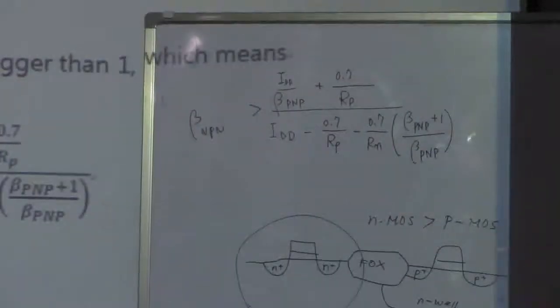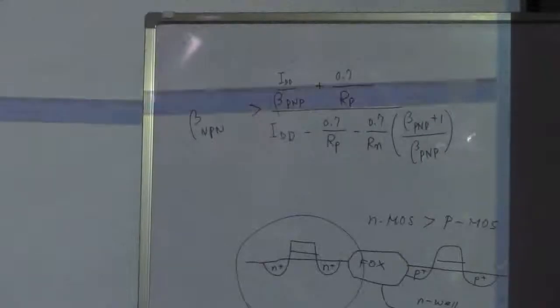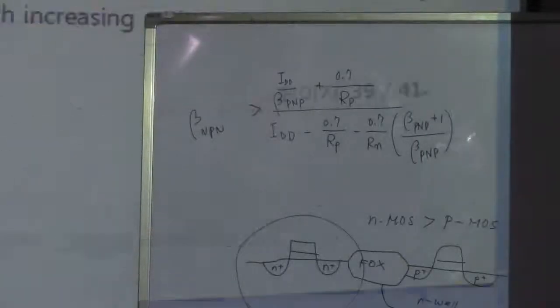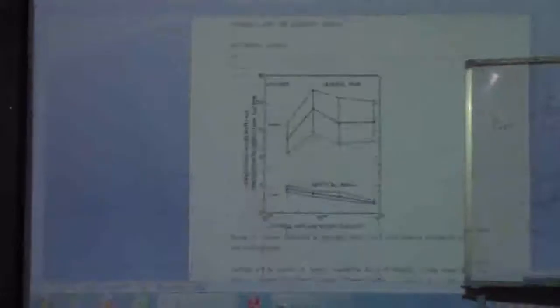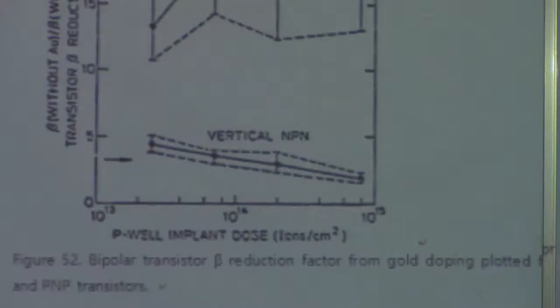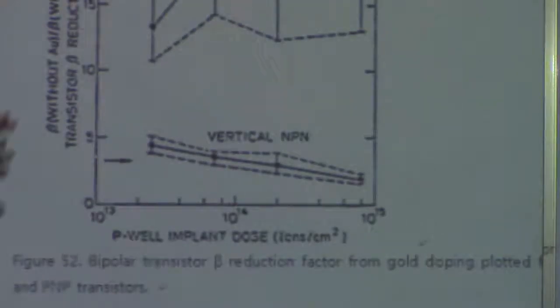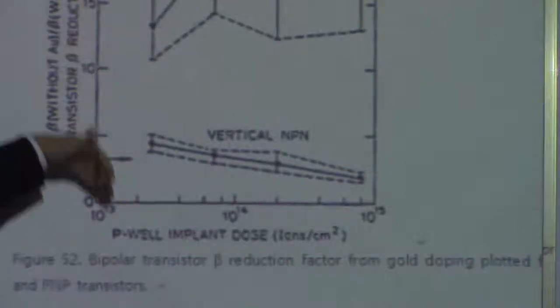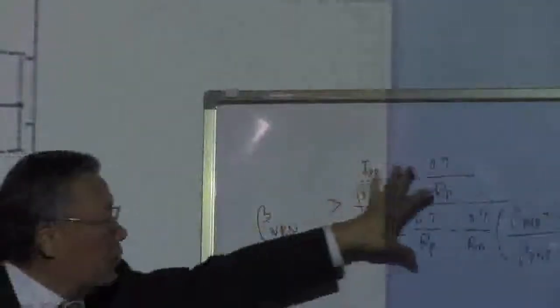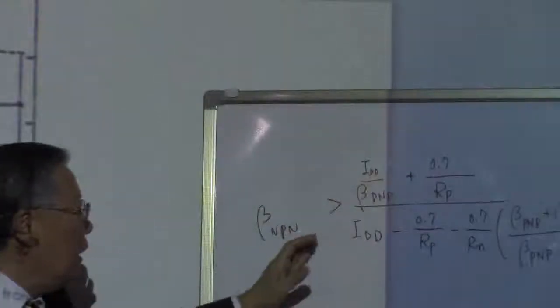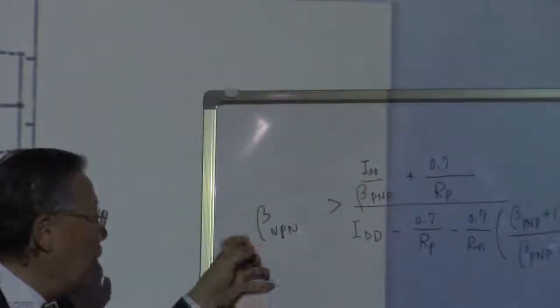And then, the things that we have discussed: the lifetime control is that we want to reduce the beta values by decreasing the lifetime of the minority carriers, and we want to decrease this beta so that this part can easily be greater than the beta NPN.